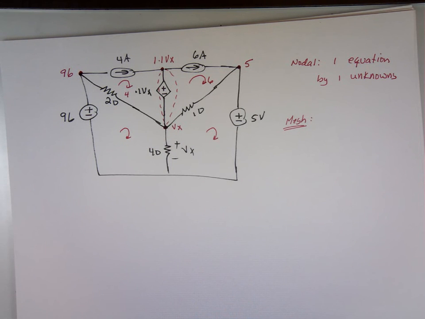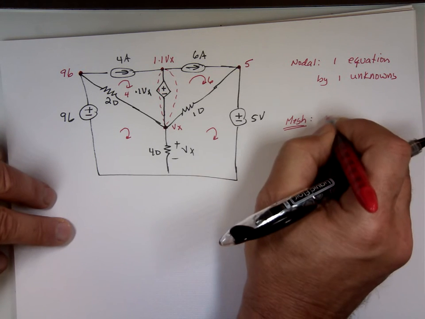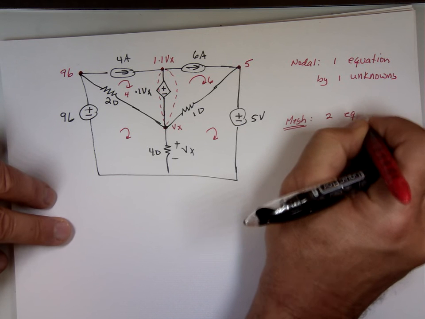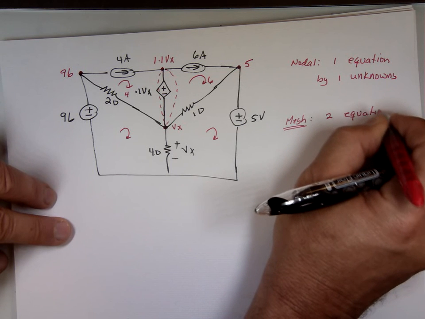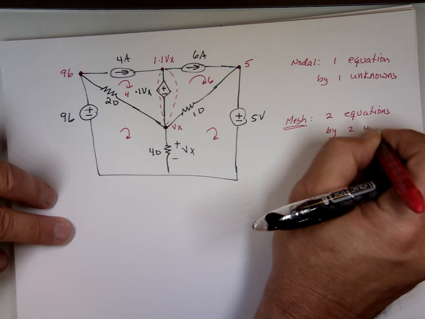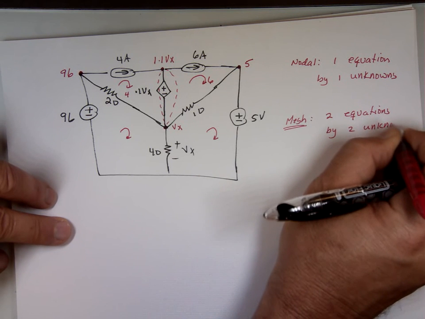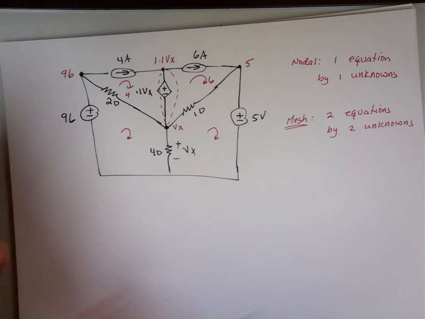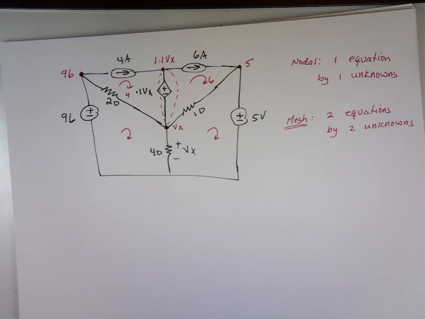So you'll have how many equations by how many unknowns? 2 equations by 2 unknowns. So when you have a lot of voltage sources there, I say, hey, nodal might be a better choice. When you have a lot of current sources, I say, hey, mesh analysis might be a better choice. Keep saying KCL.